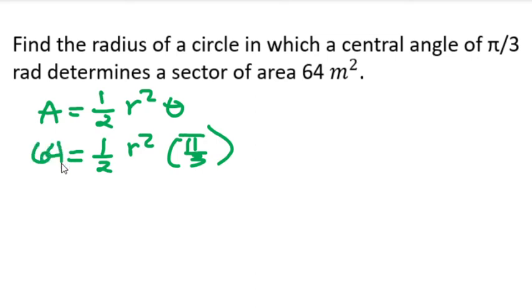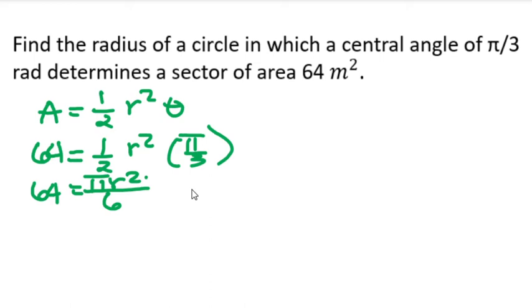Then we simplify. So we have 64 is equal to 1/2 r squared times pi over 3. That is pi r squared over 6, since 2 times 3 is 6.